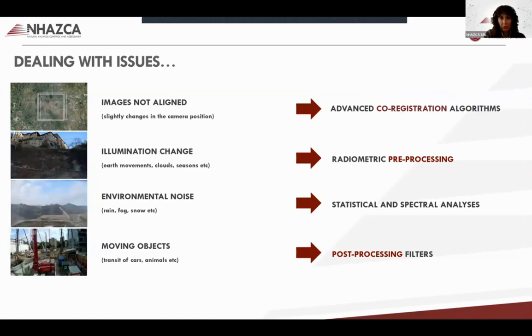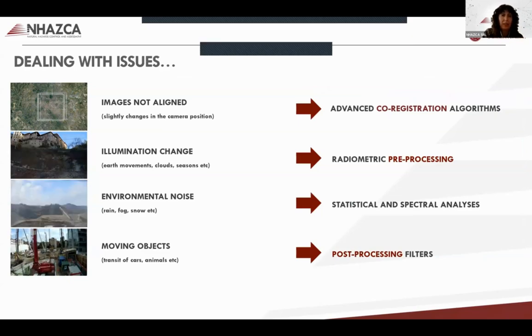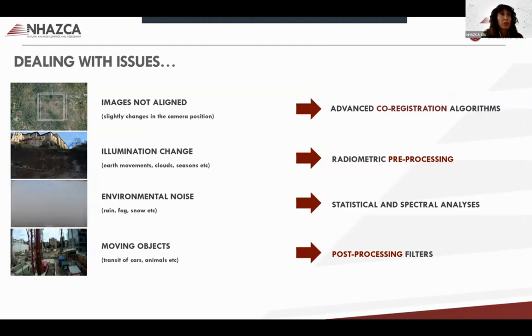So how do we solve these issues? Misalignment of images and illumination changes are solved with advanced algorithms, for example, co-registration algorithms and pre-processing algorithms that compensate for these illumination changes between images.